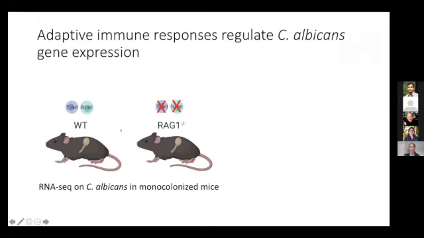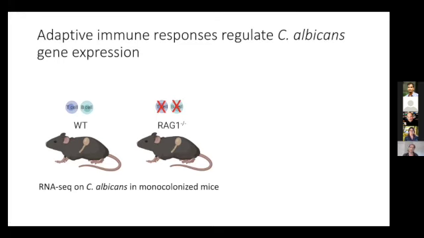I first asked what impact these adaptive immune responses have on Candida biology during colonization of the gut, and specifically the genes that Candida expresses. So I set up this pretty simple experiment in which we took germ-free wild type and immune deficient rag mice that lack adaptive immune responses and monocolonized them with the same strain of Candida and performed RNA-seq on the intestinal Candida populations.